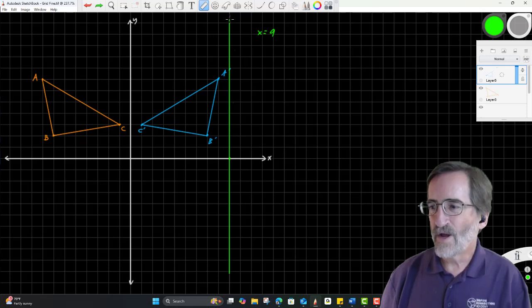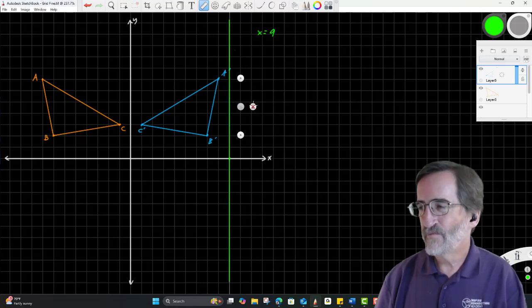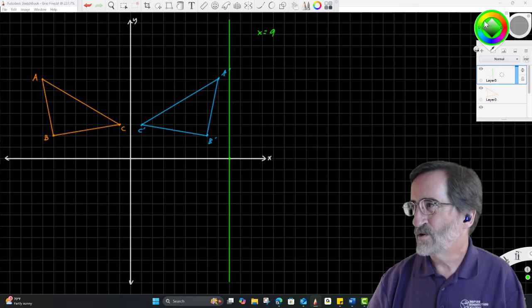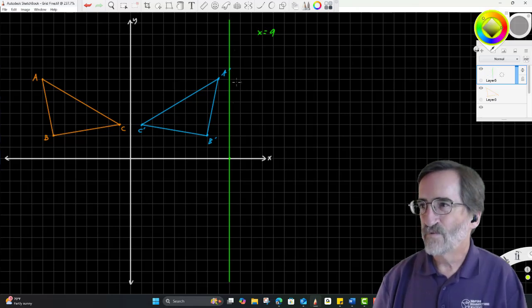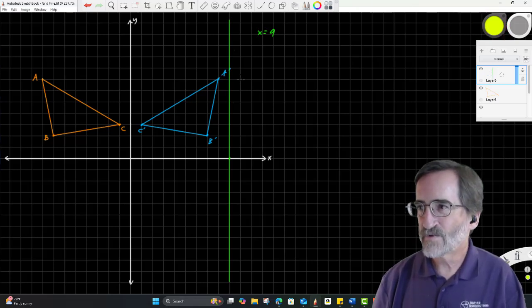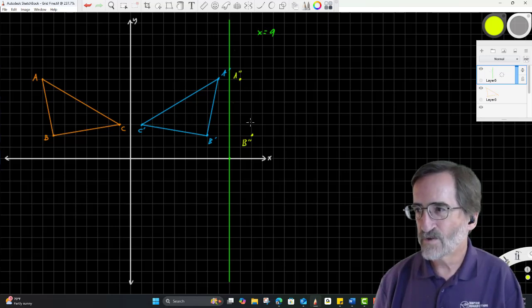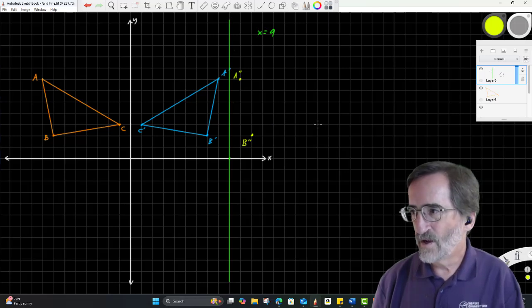And then I'm going to reflect the blue triangle across that. Let's go ahead and do that. Do it visually here. A prime is 1 to the left, so A double prime is 1 to the right. B prime is 2 to the left, so B double prime is 2 to the right. C prime is 2, 4, 6, 8 to the left, so C double prime is 2, 4, 6, 8 to the right.